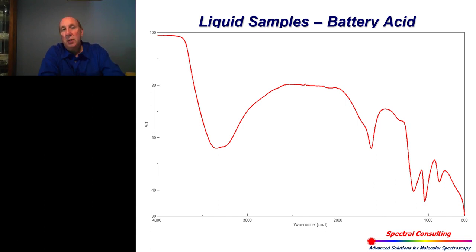The diamond is actually impervious to this, and we get a very good spectrum of the sample without any loss of data. And we clean the battery acid off, being careful not to touch it with our fingers, and we get a good spectrum, and we clean the accessory off and go on to other samples.